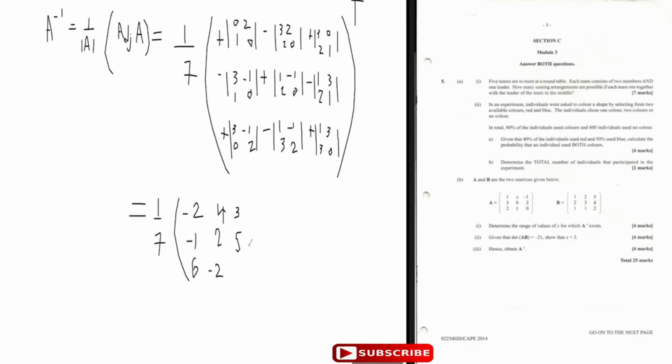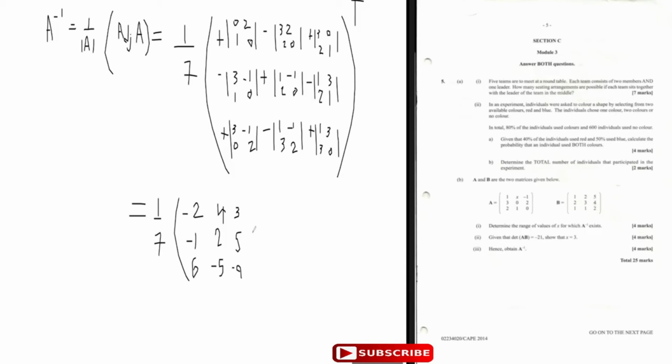All right, that should be fine now. So this is 2 minus 3, so this is negative 5. Then 1 times 0 is 0. 0 minus 3 is minus 9.